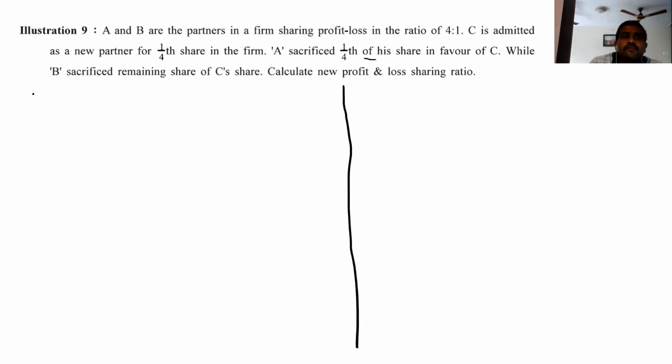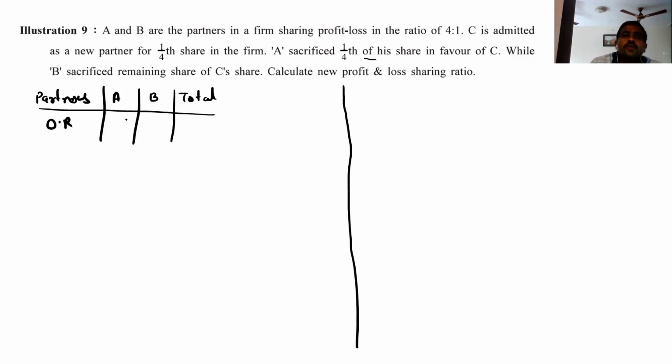Write down. First, the table we know we have to make. The first table comes partners, A, B, and finally comes total. Old ratio, 4, 1, total 5.